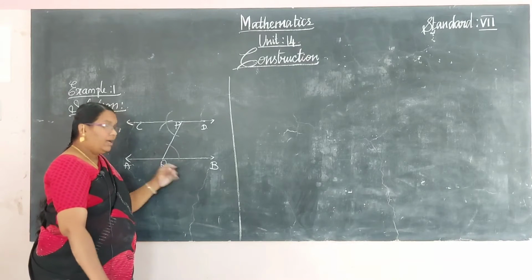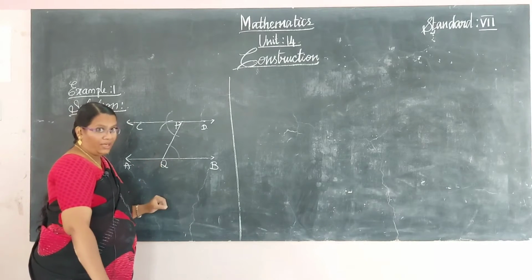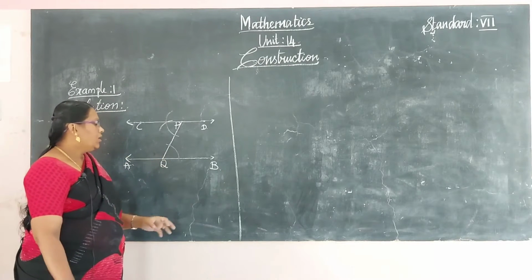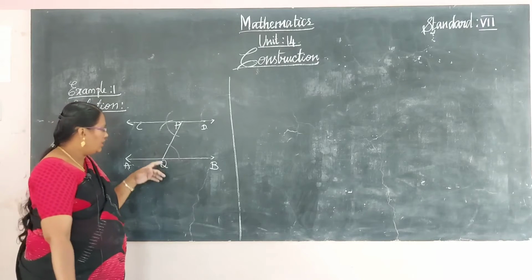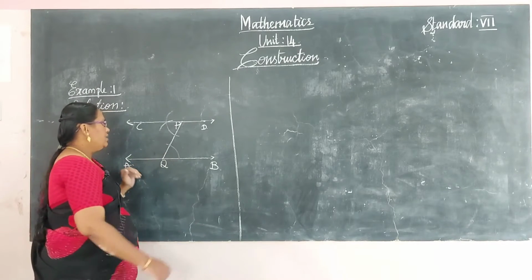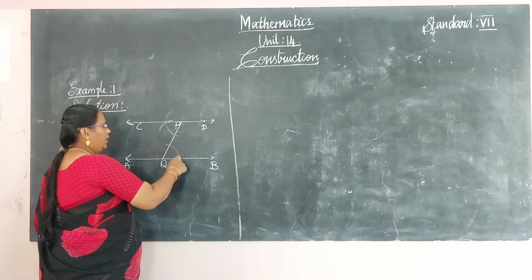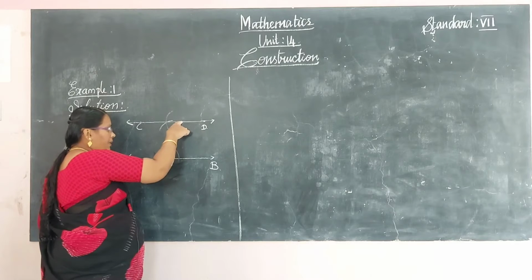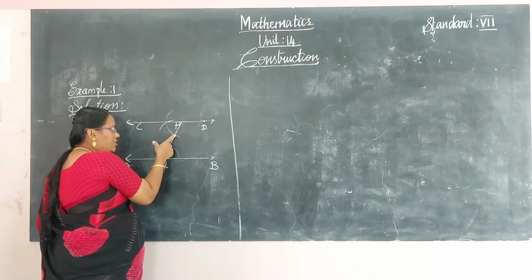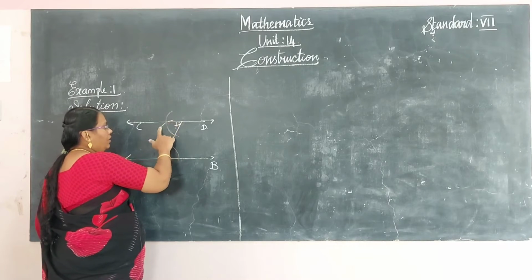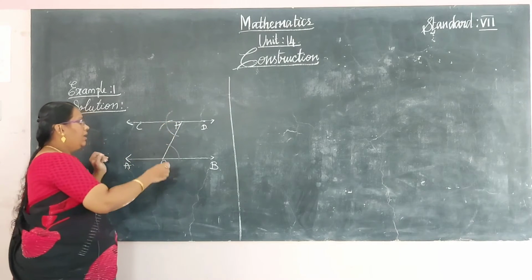After that, using the compass, draw an arc of any radius with center Q, and with the same radius with center P, draw another arc. The two arcs intersect.